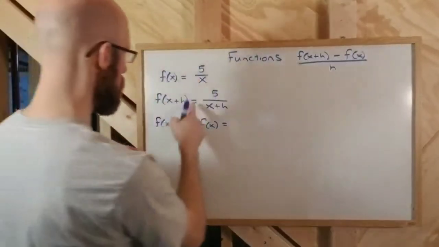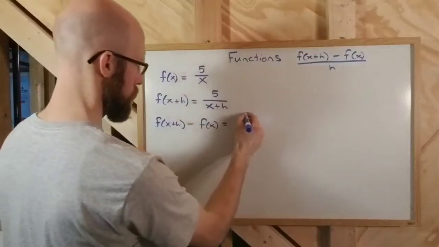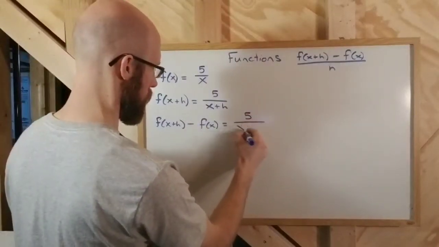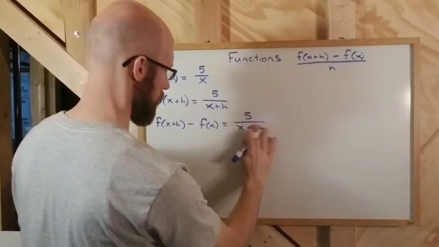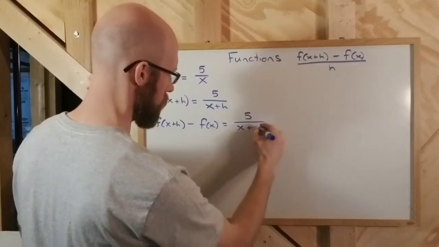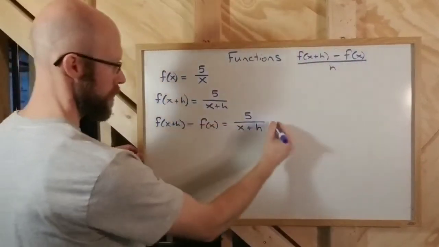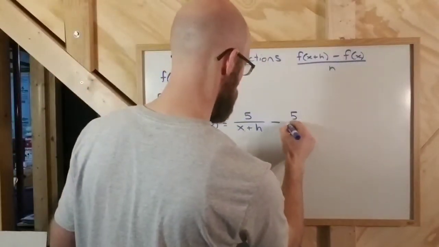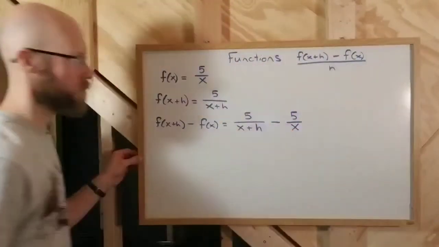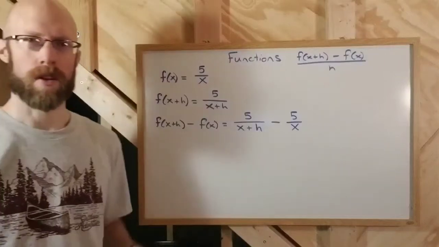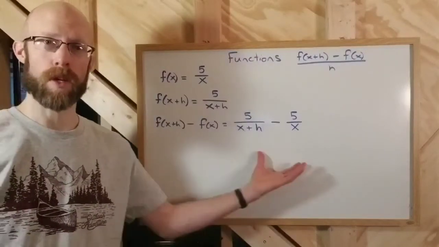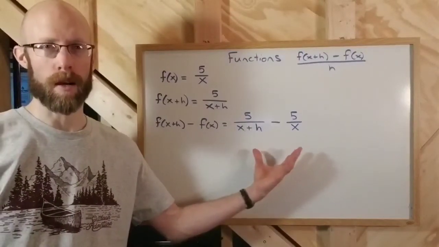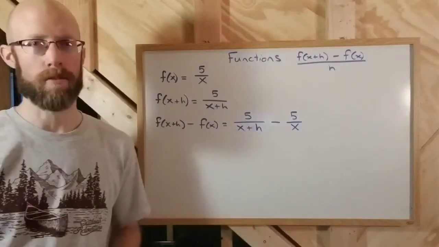That's going to be the second one, 5 over x plus h, then minus the first one, f of x, which is 5 over x, okay? So that's our subtraction. Now this we could combine, and it's going to be important to combine these into one fraction.